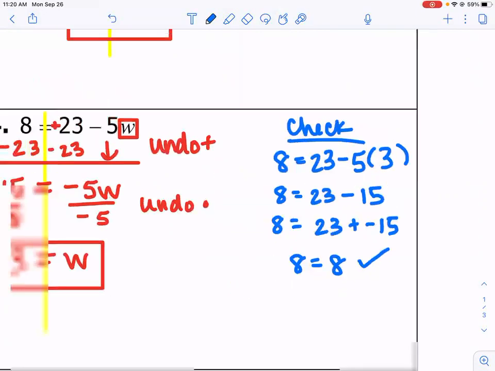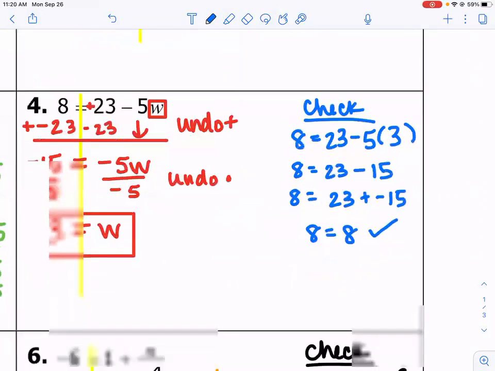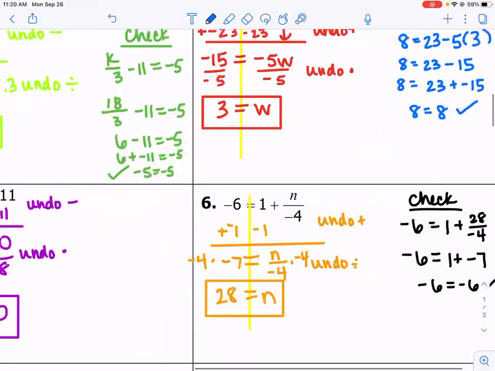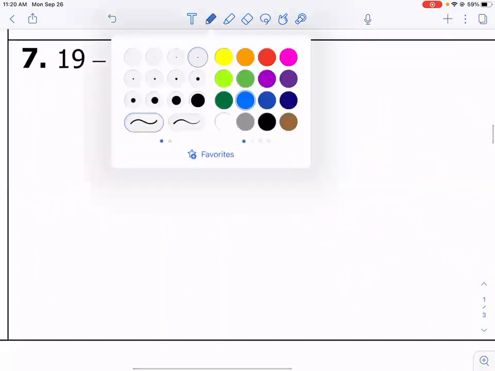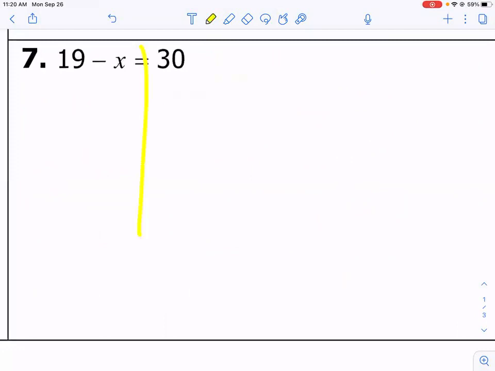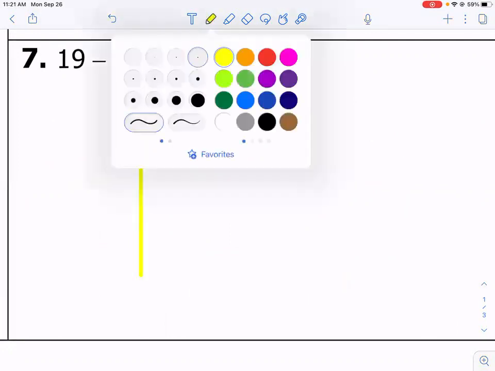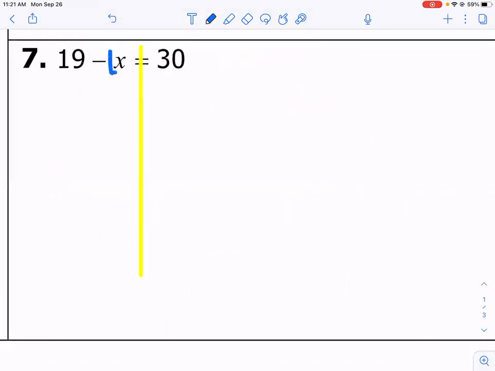Okay. So the last problem we're going to do together is number 7. Number 7 is equally complicated, tricky, whatever word you want to go with there, but doable. Okay, here is our X. Here we have the same thing happening.